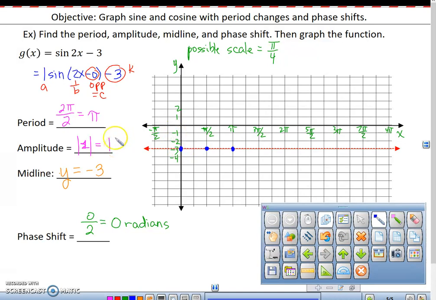And our amplitude is 1. We have no x-axis reflection this time because our a value is positive, so it will remain a maximum, 1 unit above the midline. And then halfway between the next two midline points, we will have a relative minimum. And then we extend that to cover the rest of our graph.